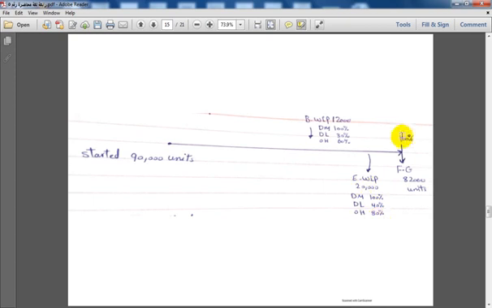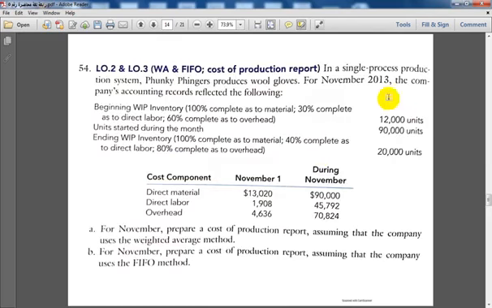Output. At the end of the process, we have finished goods, whose amount is unknown, so we calculate the units to account for: beginning plus started, 12,000 plus 90,000, minus ending work in process.